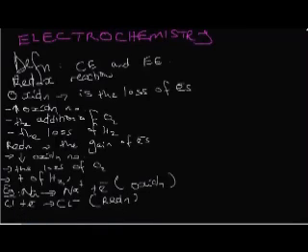So our two definitions for reduction are being highlighted here: the gain of an electron, which is reduction, and a decrease in the oxidation number, that is from 0 to -1.